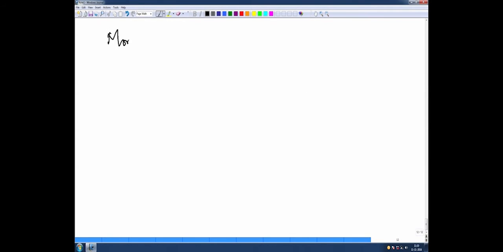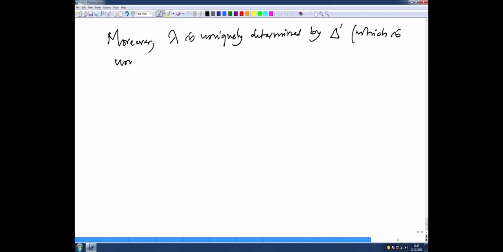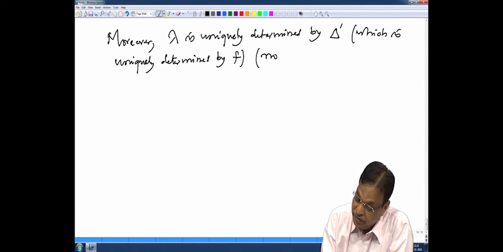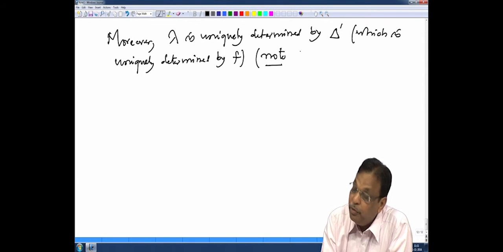Moreover, lambda is uniquely determined by delta prime, but delta prime is uniquely determined by f. So, this lambda is uniquely determined by f, and not only that, also note, it does not depend on the indexing set.